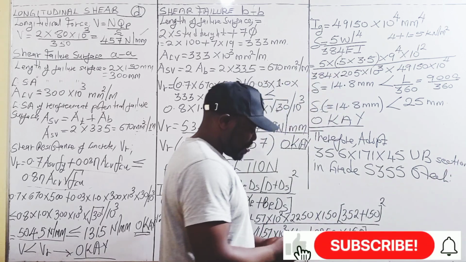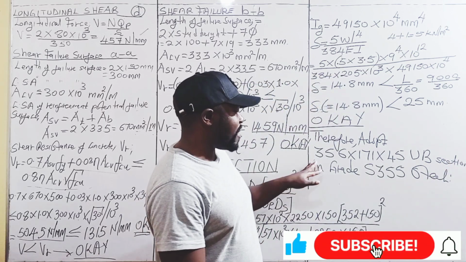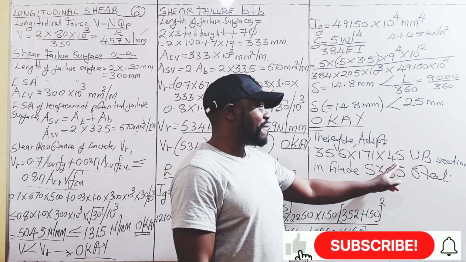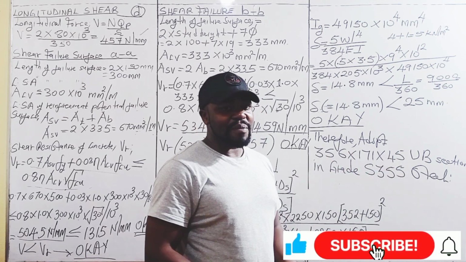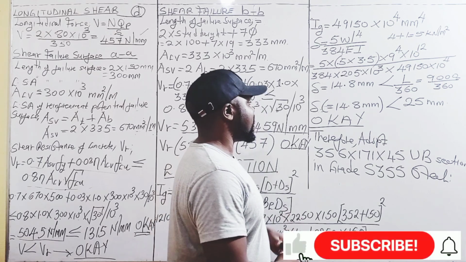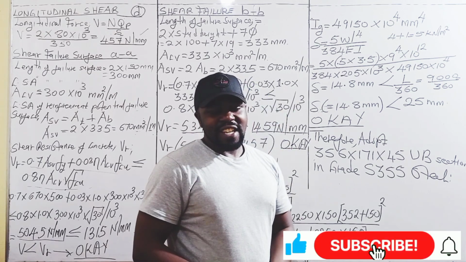So that is our conclusion, and we have found that our section 356 by 171 by 45 is suitable in all situations and in all cases that we have tested it.